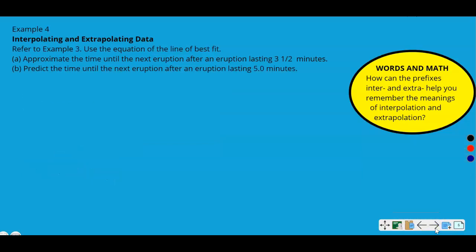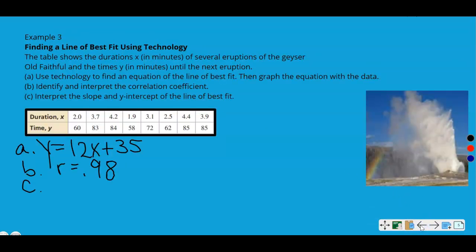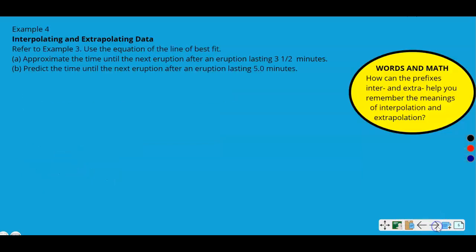Example 4, interpolating and extrapolating. Refer to Example 3 and use the equation of the line of best fit. In Example 3, y equals 12x plus 35. So we have the equation.